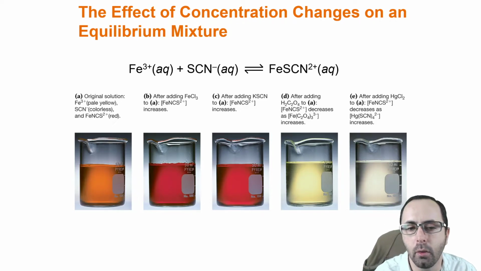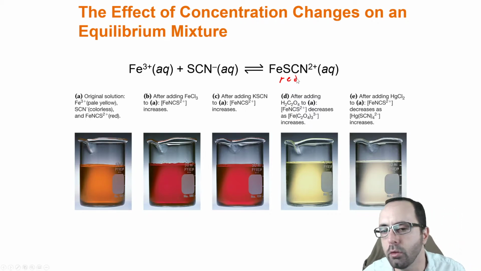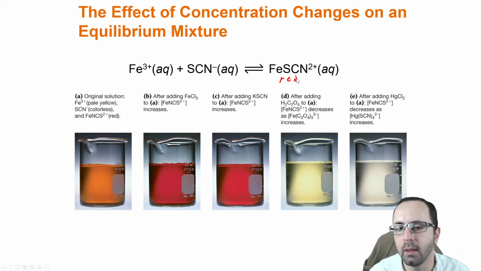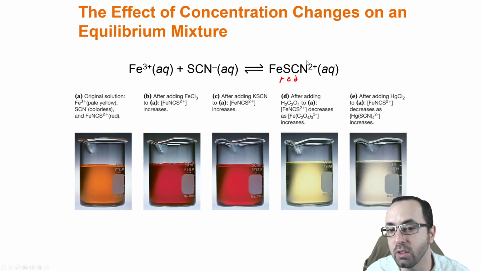The iron ion itself is yellow, and most importantly, the complex is a red color. So when the solution is becoming darker red, that means the reaction is going forward and producing more of the iron thiocyanate complex.